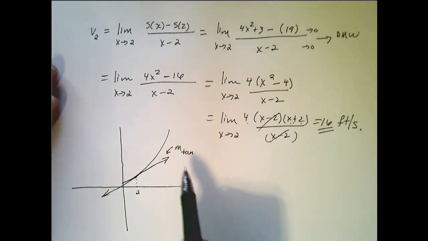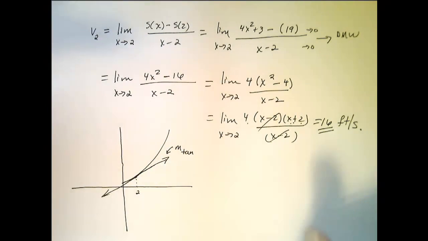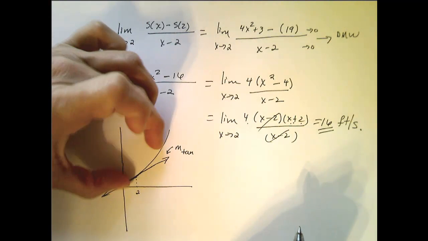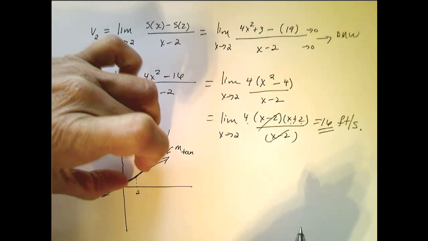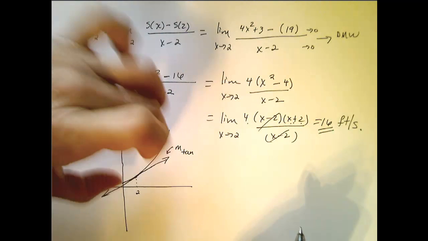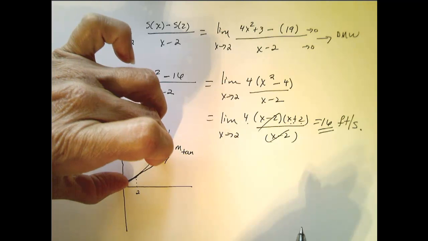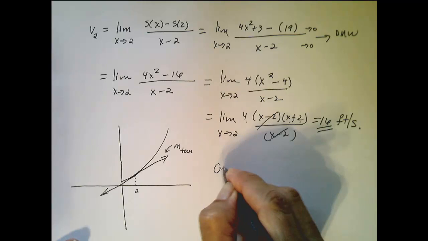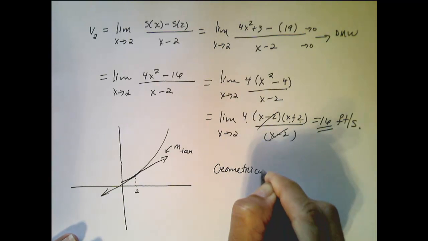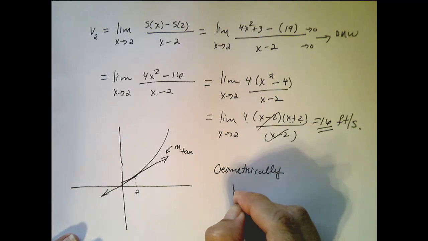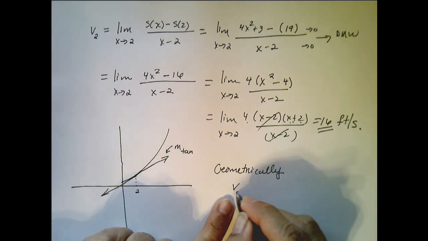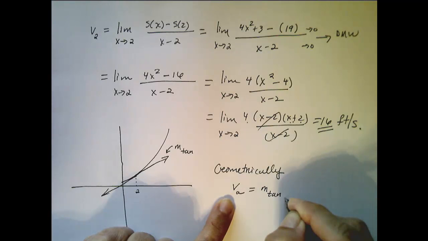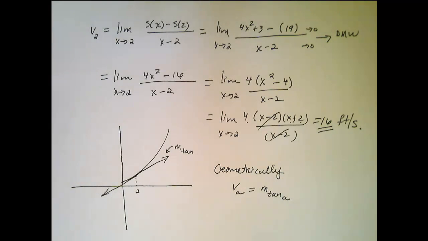So if we move away from the velocity model and we just talk about the slopes of those secant lines, we're getting closer and closer to what is our tangent line. So the slopes of the secant lines approach the slope of the tangent line. So geometrically, the instantaneous velocity at a is equal to the slope of the tangent line at a.